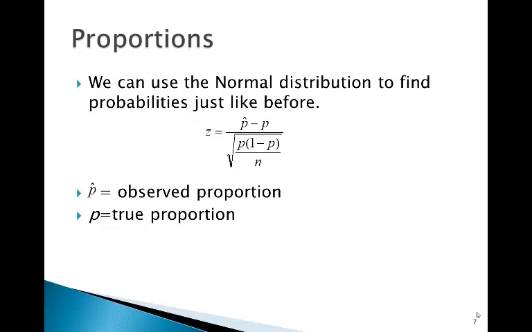We have the statistic of interest, or the observed value. In this case, it's a proportion, and we denote it by p hat. We subtract the population value, and here it's p, the true proportion, and then we divide by the standard deviation. So this is if you're finding probabilities.